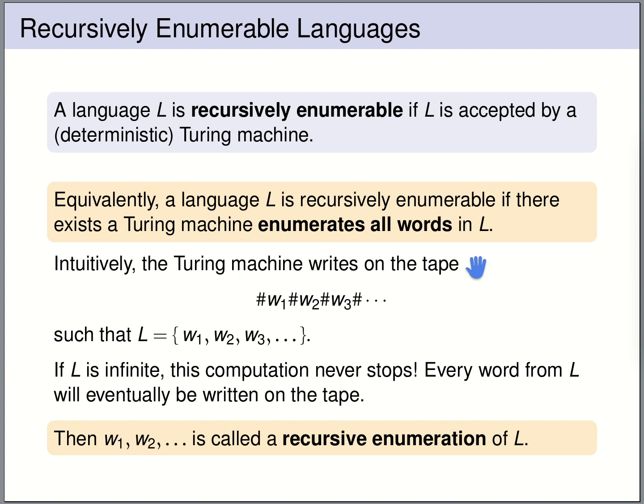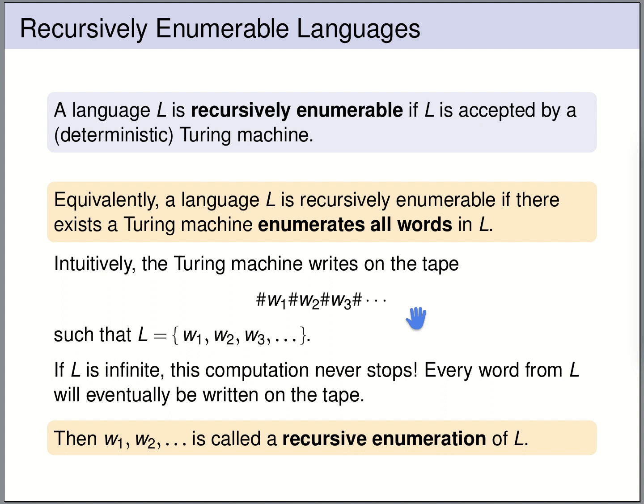Now, additionally, our machine can also run the acceptor machine M in parallel on all these words. So it will run our machine M on all the words over sigma in parallel, and as soon as it finds that one of these words is accepted, it puts it in the enumeration.